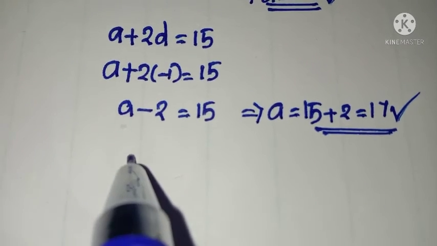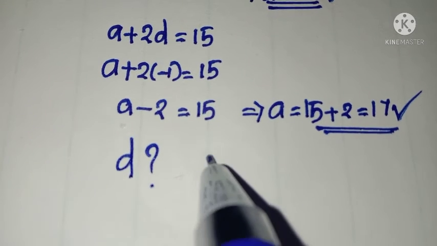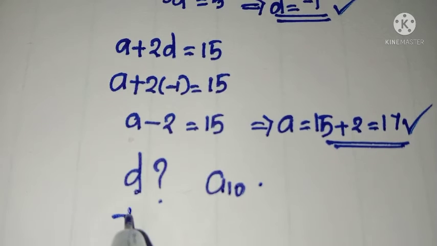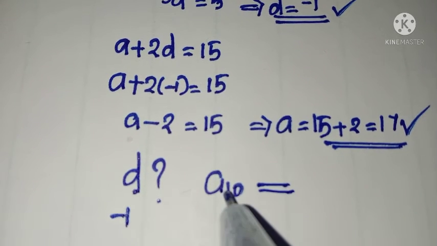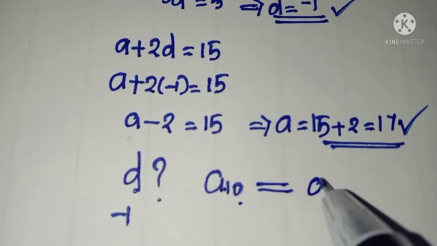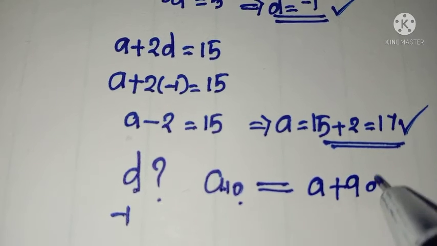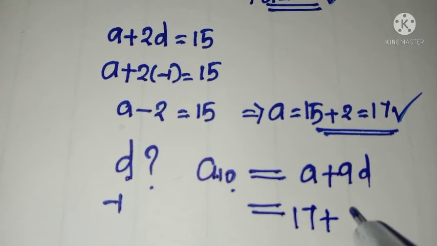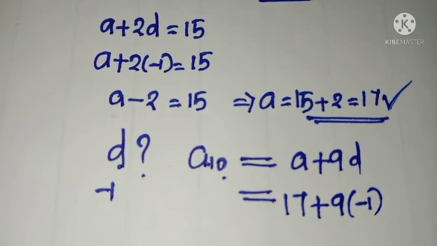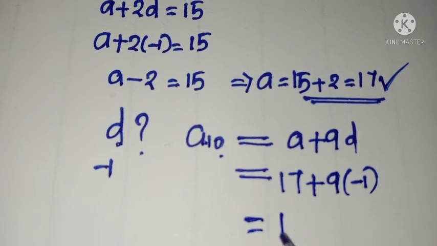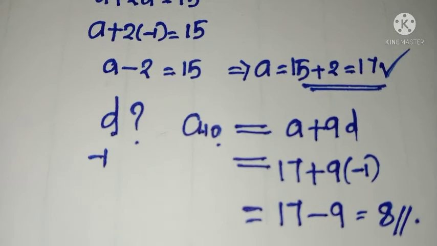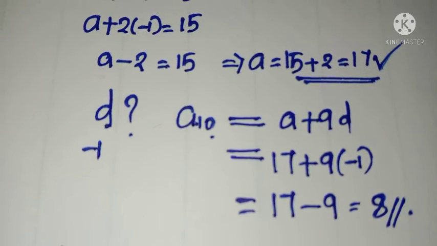Our aim is to find the common difference and A10. Common difference obtained, that is minus 1. Now we want to find A10. A10 can be written as A plus 9D. Here A is 17, D is minus 1. So 17 minus 9 gives 8. So 10th term is equal to 8.